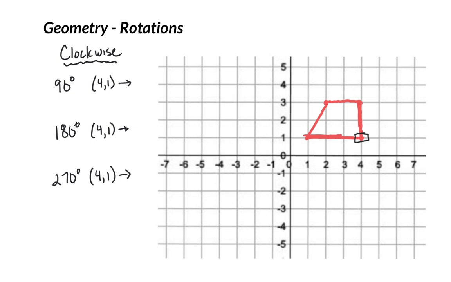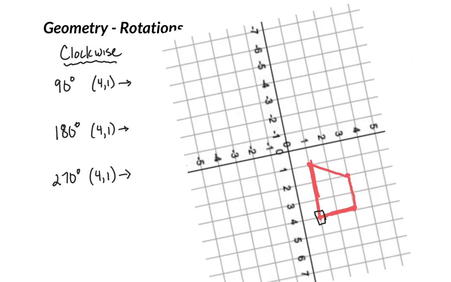The point I'm going to focus on in order to generalize this is right here, 4 comma 1. So the x is 4 and the y is 1. First of all, I'm going to take this shape and spin the entire thing 90 degrees clockwise, like this.